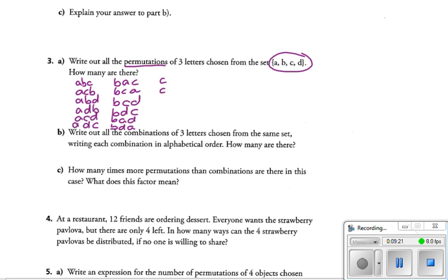Notice there's always 6 of them with C as the first letter. So now I'll go C and A, B, B, A, C and A and D, D, A, and then last would be C and B, D, D, B. And then last, D is the first letter, there'll be 6.